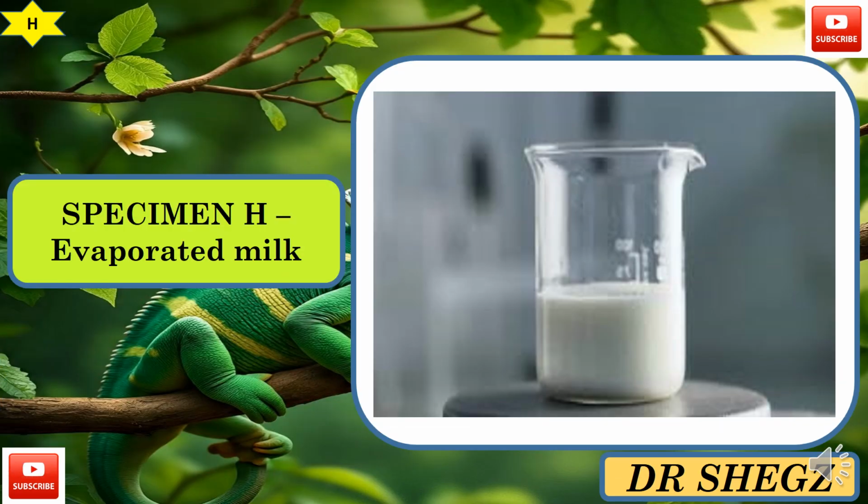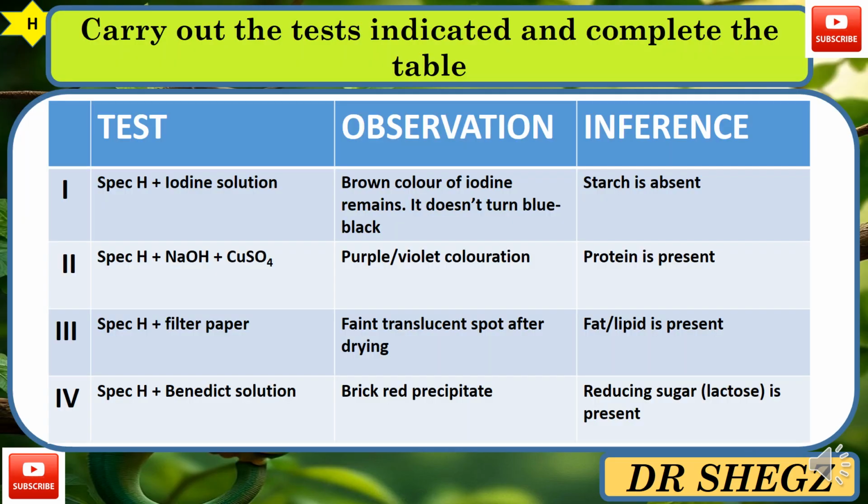Specimen H, my favorite, evaporated milk. Now we carry out this test. You add iodine solution to specimen H, and of course starch is absent. You add sodium hydroxide to specimen H and add copper sulfate. You have a purple or violet coloration to show protein is present.